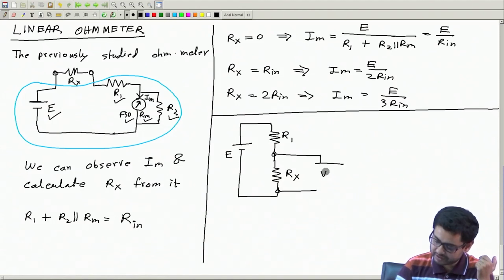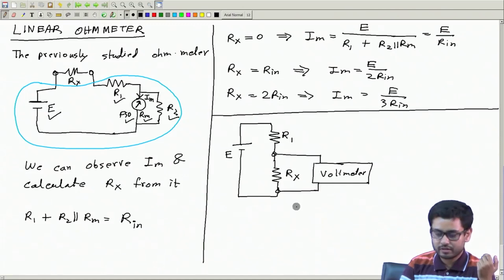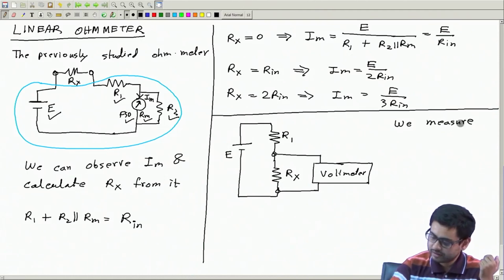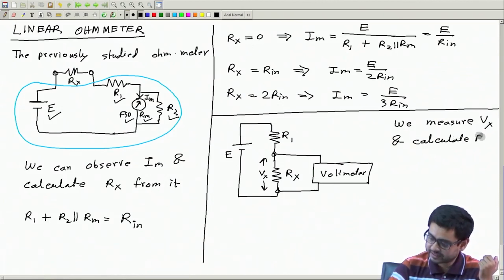Let this be a voltmeter, electronic or normal. So this is another possible ohmmeter circuit, and here we measure this voltage Vx and then calculate Rx, because E will be known, R1 will be known.